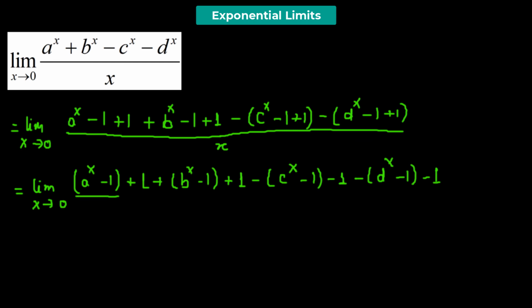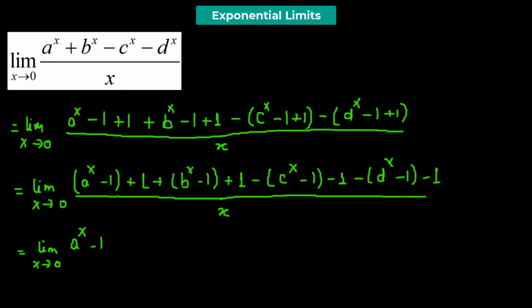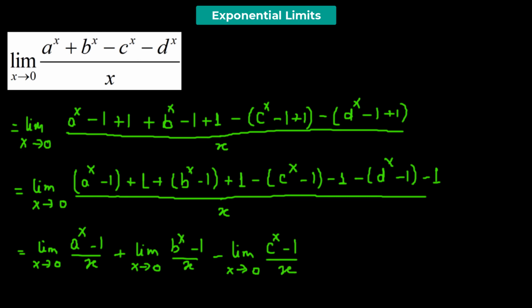So all the ones get cancelled out, and that leaves us with limit x approaching 0, a raised to the power of x minus 1 divided by x plus limit x approaching 0, b raised to the power of x minus 1 divided by x minus limit x approaching 0, c raised to the power of x minus 1 divided by x minus limit x approaching 0, d raised to the power of x minus 1 divided by x.